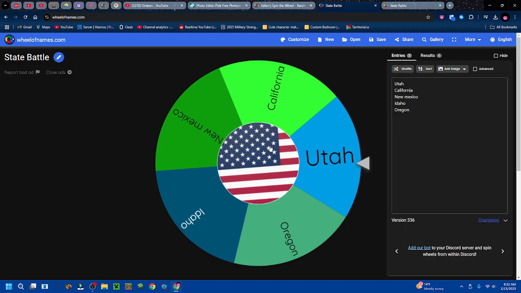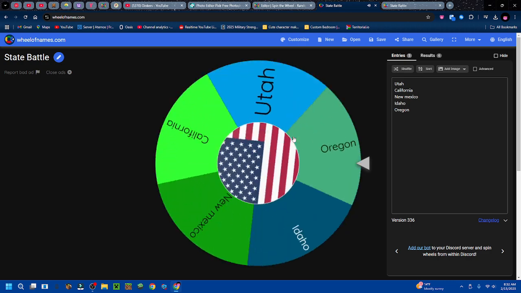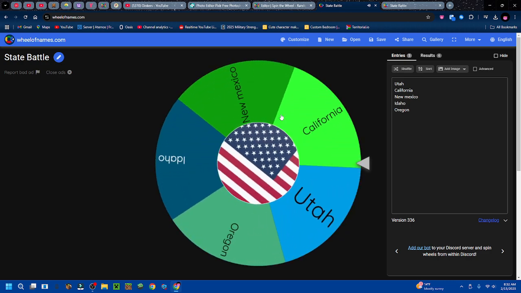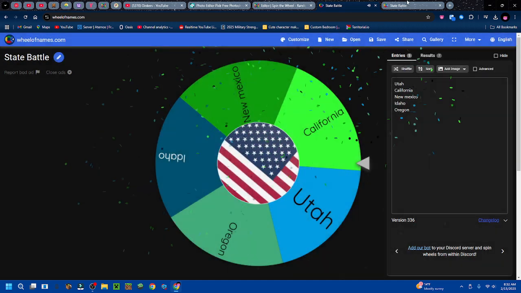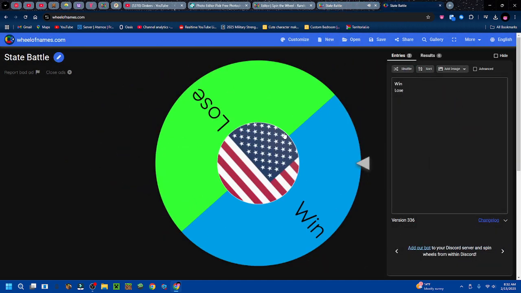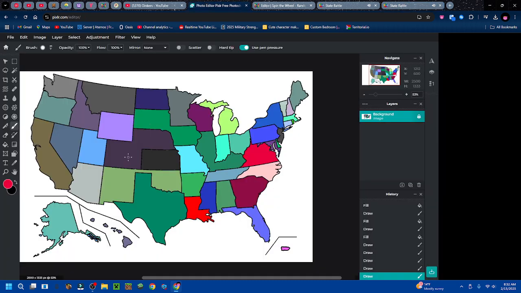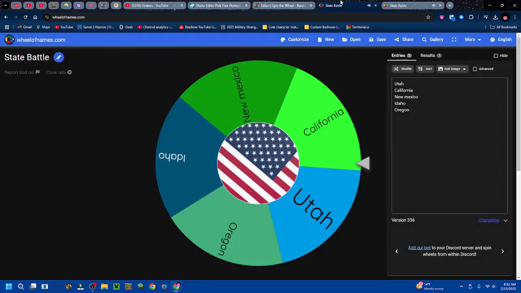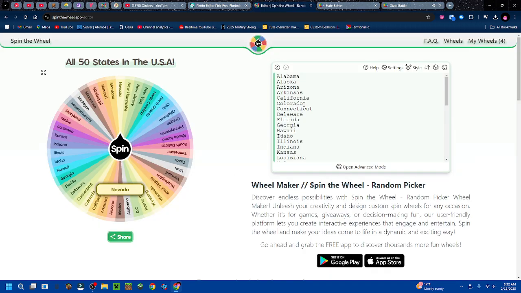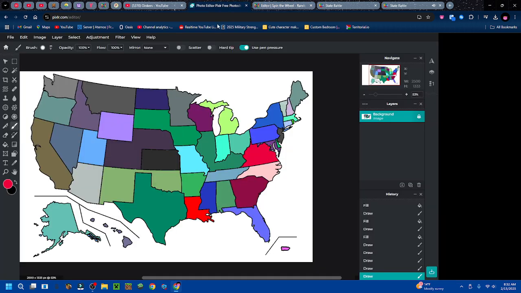Oregon. Who are they going to be battling? California. Alright. Very interesting choices every time here. They don't have any advantages, but they're going to win and take out California just like that. Alright, bet. That is insane. I did not think that would happen, but okay.